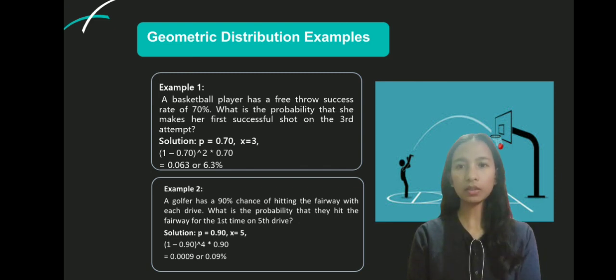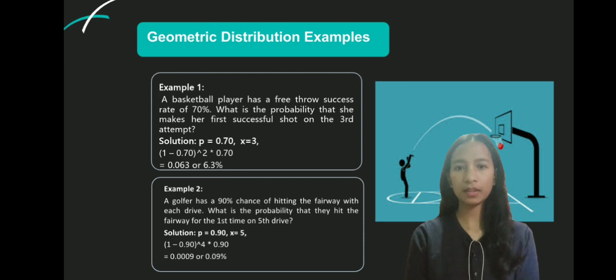Second example, the golfer has a 90% chance of hitting the fairway with each drive. We want to calculate the probability that they hit the fairway for the first time on the fifth drive. The probability of hitting the fairway with each drive is 90%. The number of drives to hit the fairway for the first time is 5.